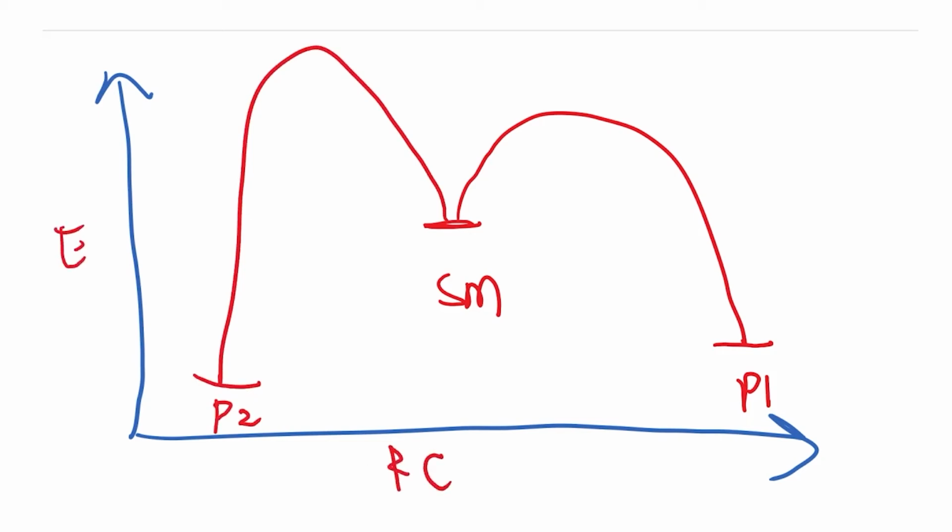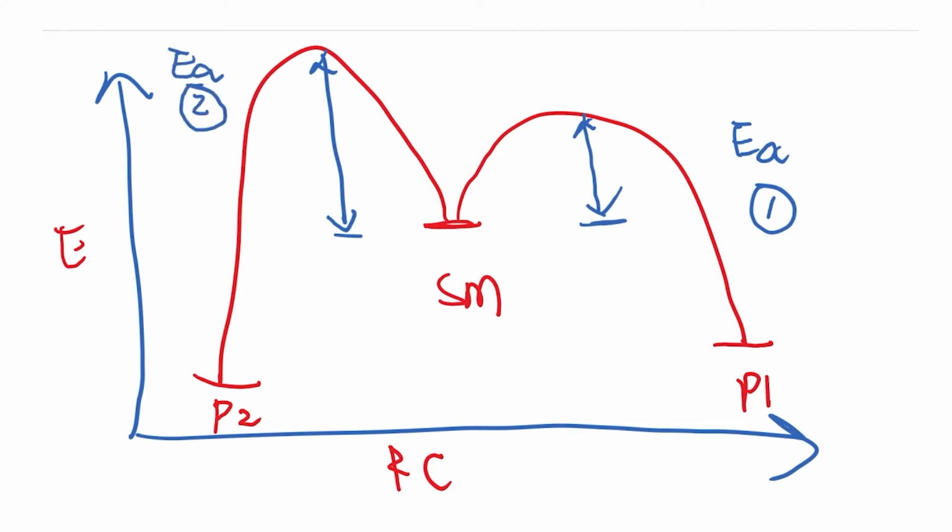Okay, so the way this is constructed is that this is EA1 and this is EA2. So the first concept here is that EA1 is less than EA2.